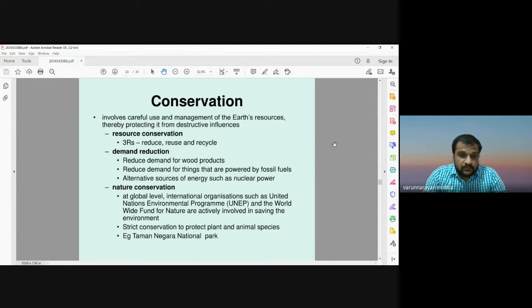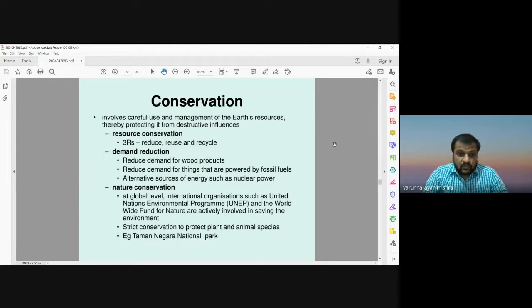Nature conservation: at a global level, international organizations such as the United Nations Environment Programme, UNEP, and the World Wide Fund for Nature are actively involved in saving the environment. Strict conservation rules and regulations should be implemented to protect plant and animal species. For example, Taman Negara National Park.